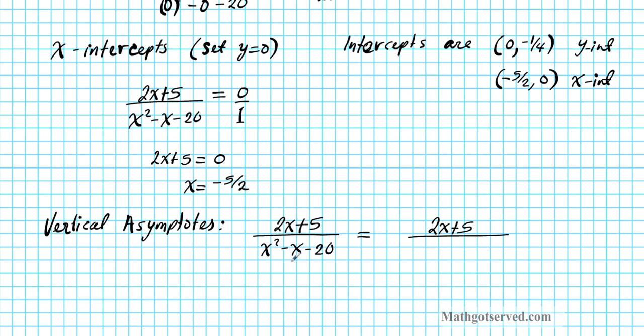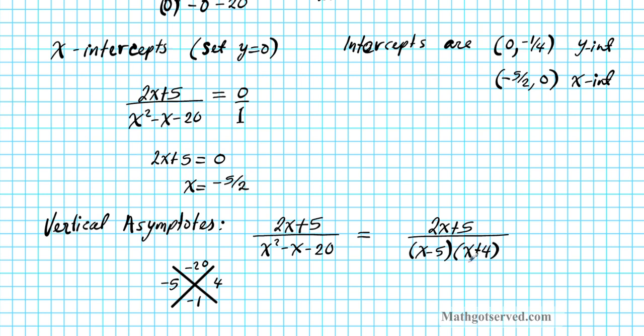So if we factor out the denominator using the x game, AC is negative 20 and B is negative 1. So we can use 5 and 4. Negative 5 and positive 4 works. So this becomes x minus 5 times x plus 4.